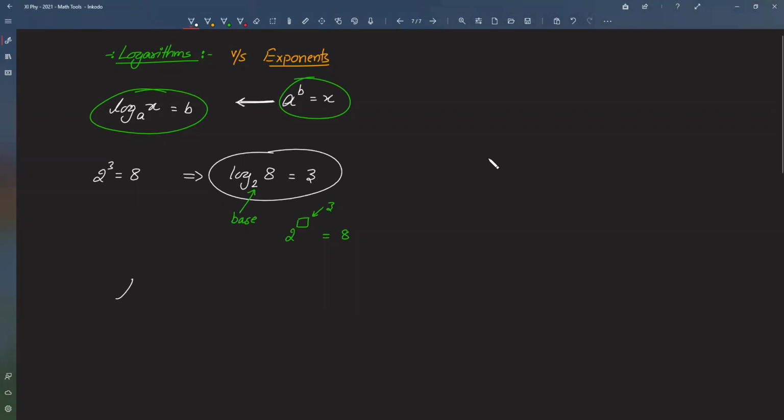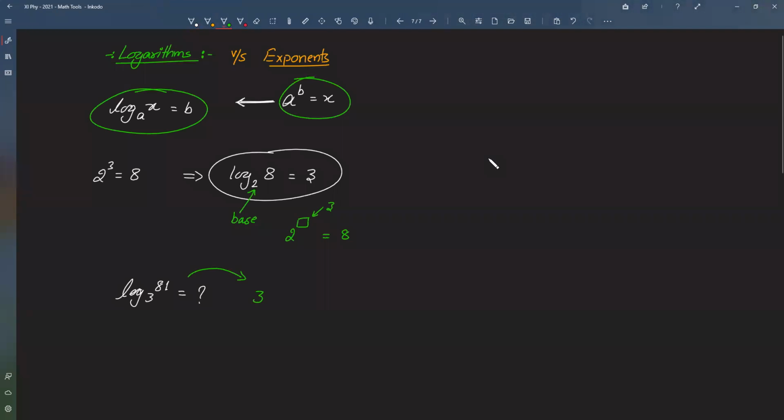Right? Let's say if I give you log 81 to the base 3 is equal to what? Can you tell me? Anyone? So I'll solve it for you so that you understand. This means base is 3.